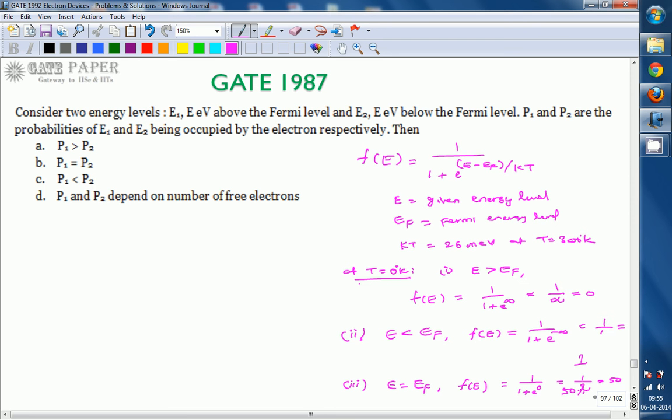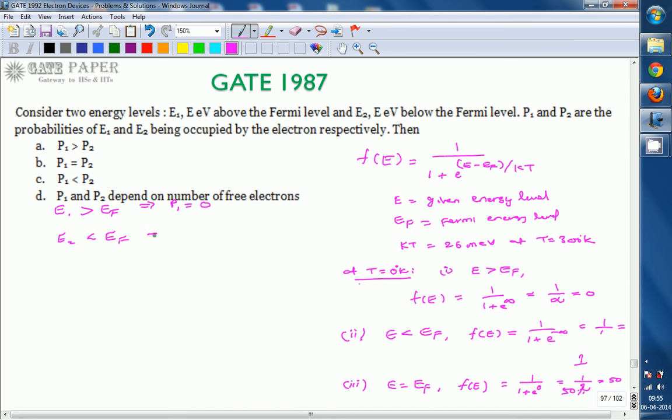Now come to our question. E1 is above the Fermi level, so E1 is greater than EF; how much above doesn't matter. And E2 is below the Fermi level. Since E1 is above the Fermi level, the probability P1 is equal to 0. The probability of occupancy by the electron is 0.